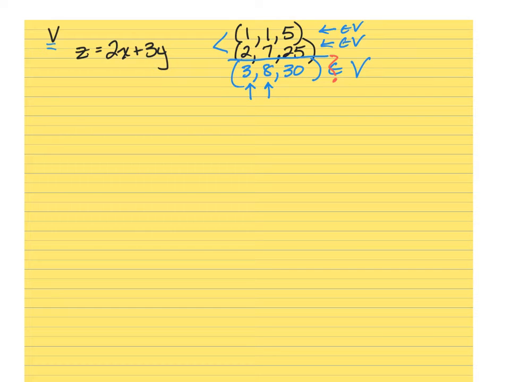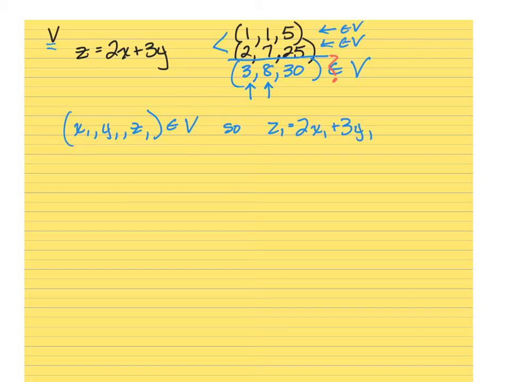Suppose I have this x1, y1, z1 as my vector, and it is in V. So what that means is z sub 1 equals 2 times x sub 1 plus 3 times y sub 1. That's what it means for this vector to be in V. So there it is, a general vector in V.